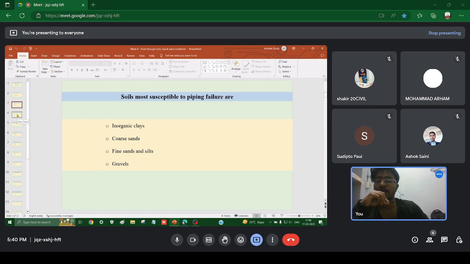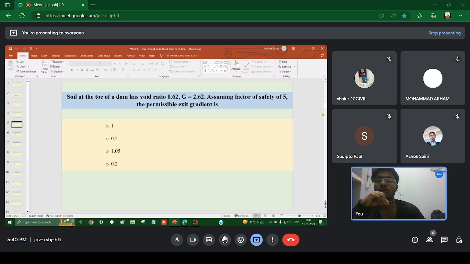Next question. The line within a dam section below which there is positive hydrostatic pressure. The options were cutoff line, phreatic line, flow line, pressure line. Then it was: soil at the toe of a dam has a void ratio of 0.62 and specific gravity 2.62.